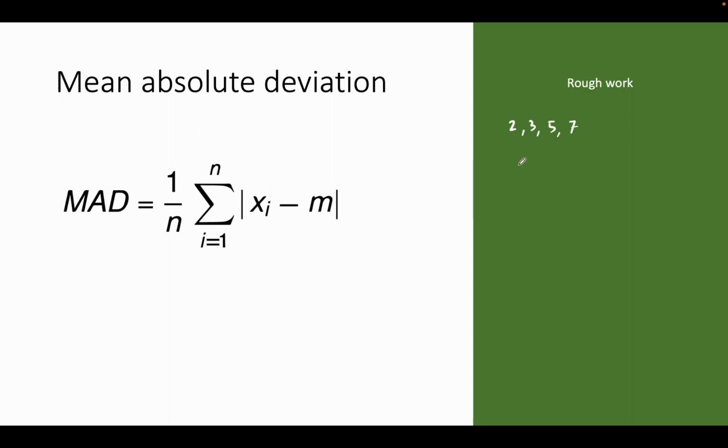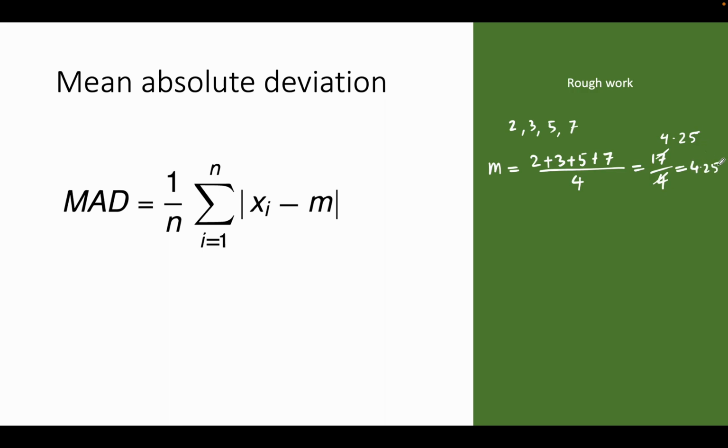At first we have to calculate the mean, say represented by the letter m. We add up the values and divide by the number of values. So 2 plus 3 is 5, plus 5 is 10, plus 7 is 17, divided by 4. 17 by 4 is 4.25.